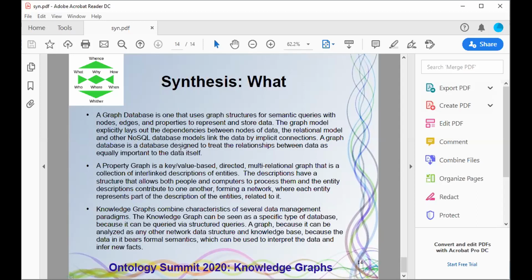Oh, Kenneth, one point I wanted to make earlier. I do hope that one of the goals of this summit is that we propose a more coherent notion of what a knowledge graph should be or may be. That's exactly what I'm suggesting. Thank you. And what I'm suggesting is that we organize it around points of view, so that we don't get into the same problem others have, where people use different points of view, and as a result, you end up with a mishmash of different definitions.